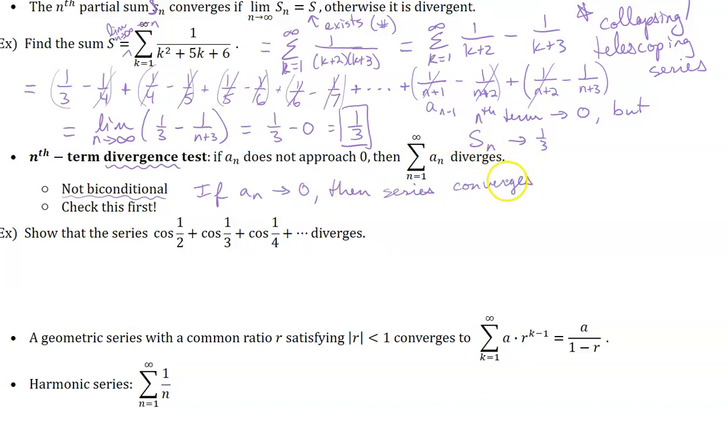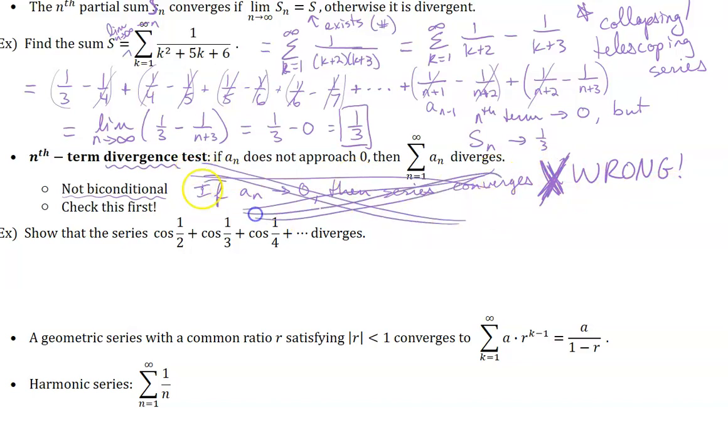This would be the inverse. If the biconditional is true, then this would be true. This is wrong. Okay? Wrong. Nope, does not work. Okay? Does not work. All right.